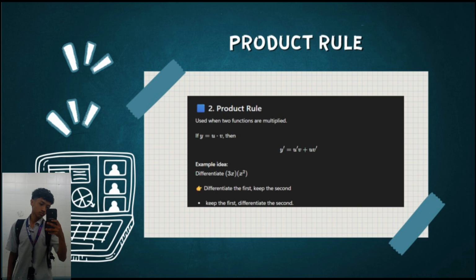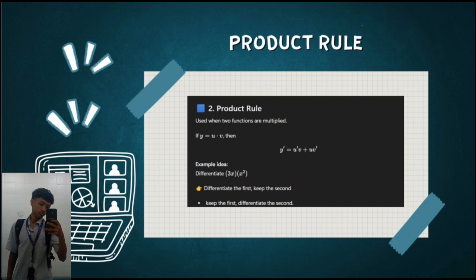Next, the product rule. The product rule is used when two functions are multiplied. If y equals u times v, then the formula would be y prime equals u prime times v plus u times v prime.